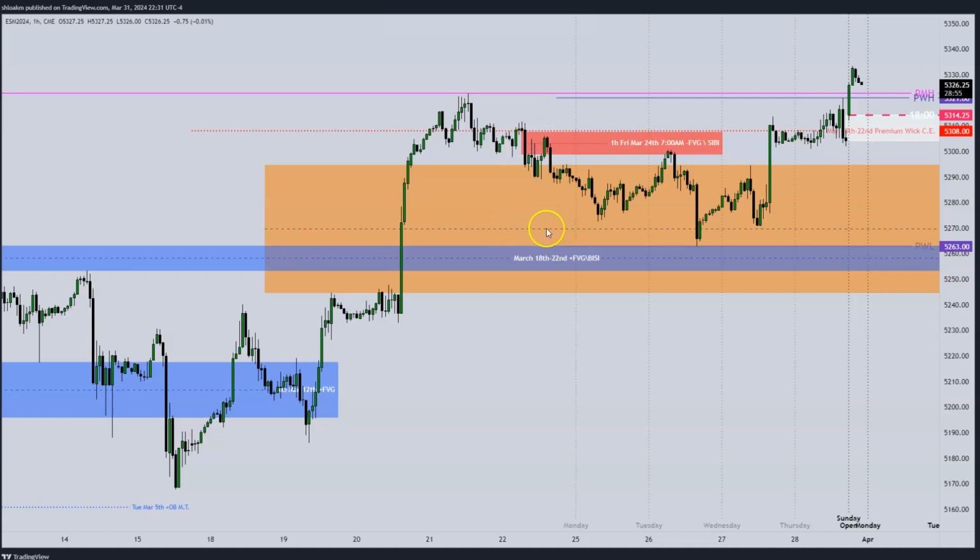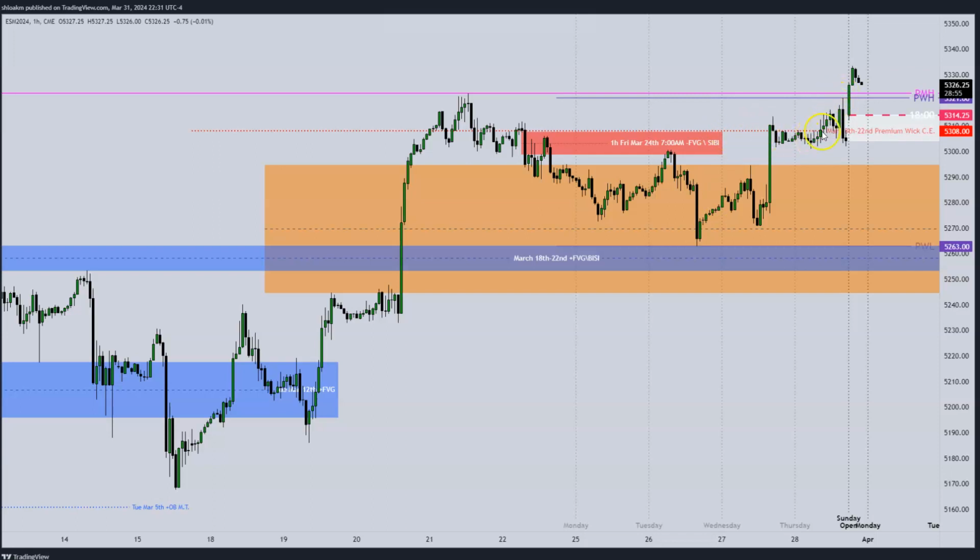I wanted to see this orange shaded area as inversion, and I was using this SIBI, so sell side imbalance, buy side inefficiency, as a premium array that was going to hold price down. As you can see, we had it trade up into there once, twice, and then come back on Tuesday. And then we traded down to the consequent encroachment, taking out sell side.